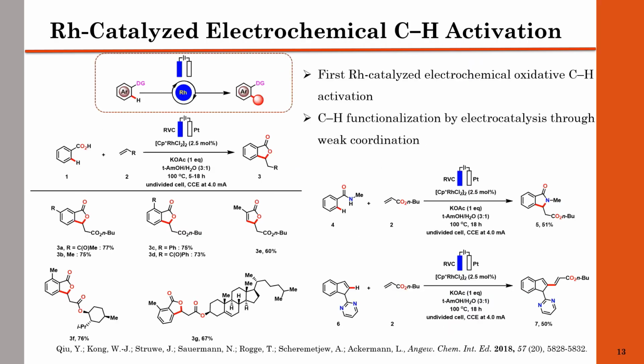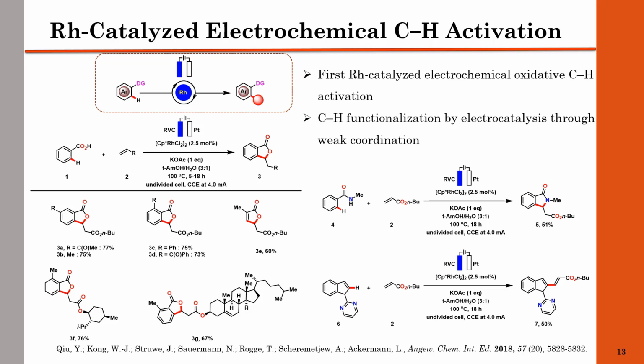Another one is rhodium catalyzed CH functionalization. This is the first example of CH functionalization with a rhodium catalyst. You can see they have used a very weak carboxylic acid directing group, whereas previous reports with palladium catalysts used very strong directing groups like amide, oxide or ether. Here they don't need to use that kind of strong directing group.